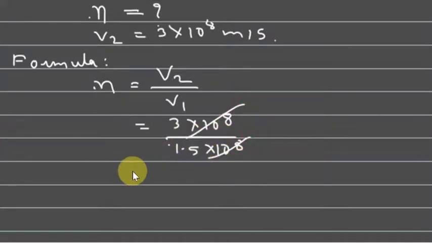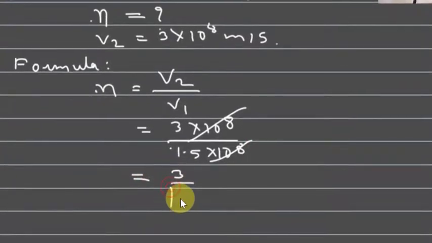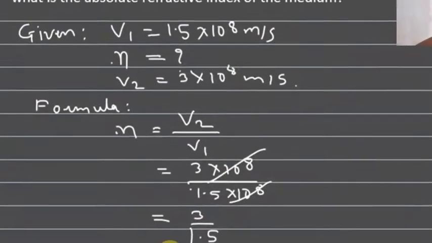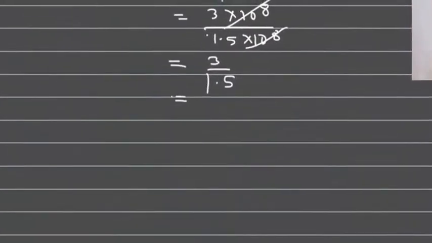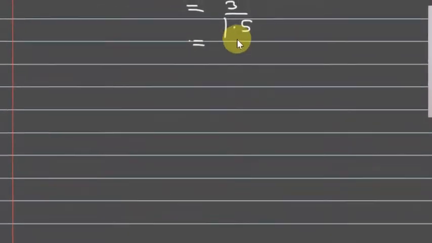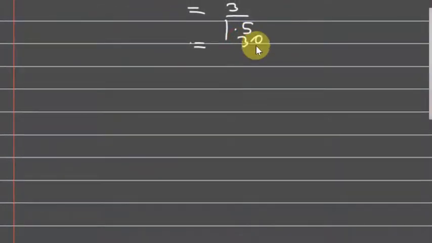These are identical. This is a simple division of 3 and 1.5. Now we know the trick. We write 30 upon 15, and the answer is 2. What is the answer to this question?